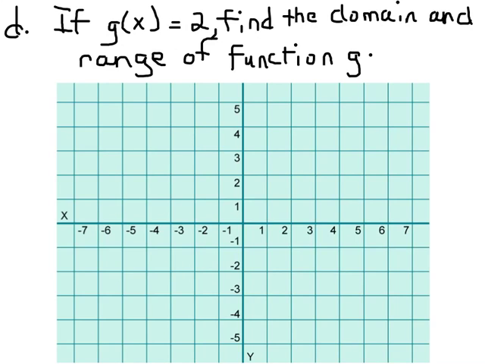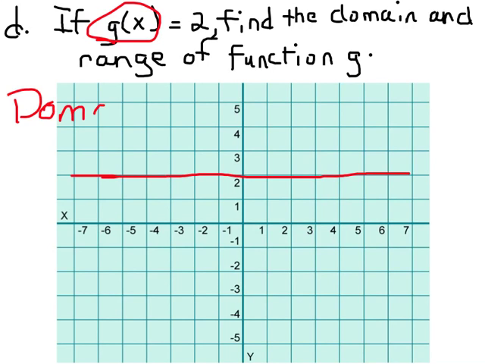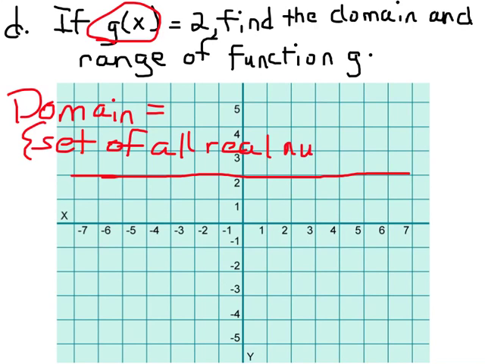So on this one, if the function of x equals 2, find the domain and range of the function g. All right, well, if it equals 2, and this means y, then that means y equals 2. And we would graph that just like this. It goes on for basically infinity in all directions, so the domain, or the x values, is going to be the set of all real numbers, because it can continue to go on and on, all real numbers.